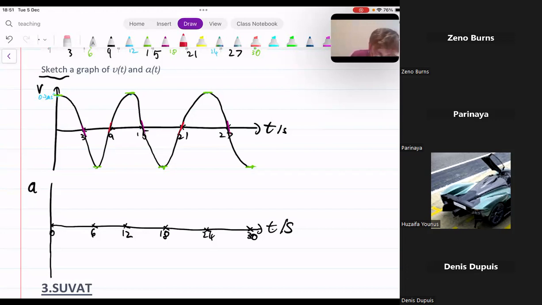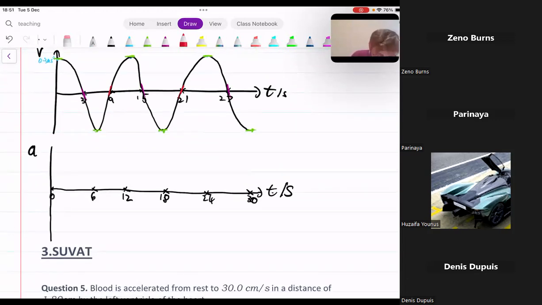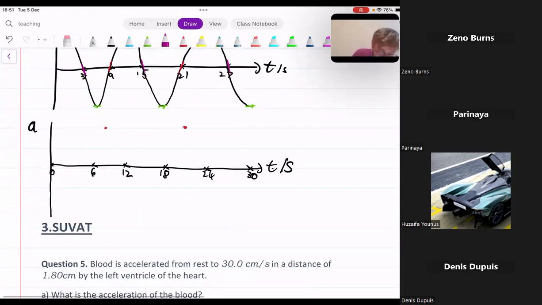So if we plot these points, at 9, it will be at a maximum, and at 21, it will be at a maximum. And then at 3, it will be maximum, but negative.